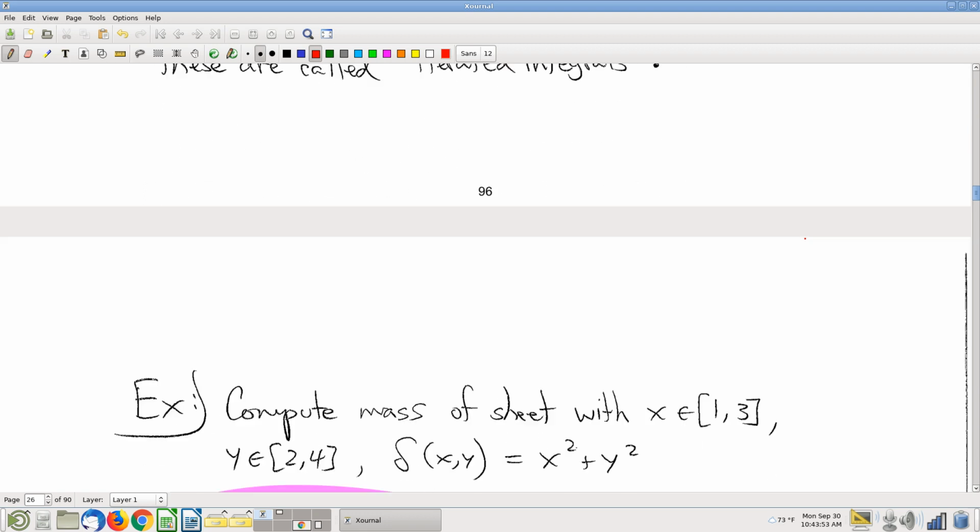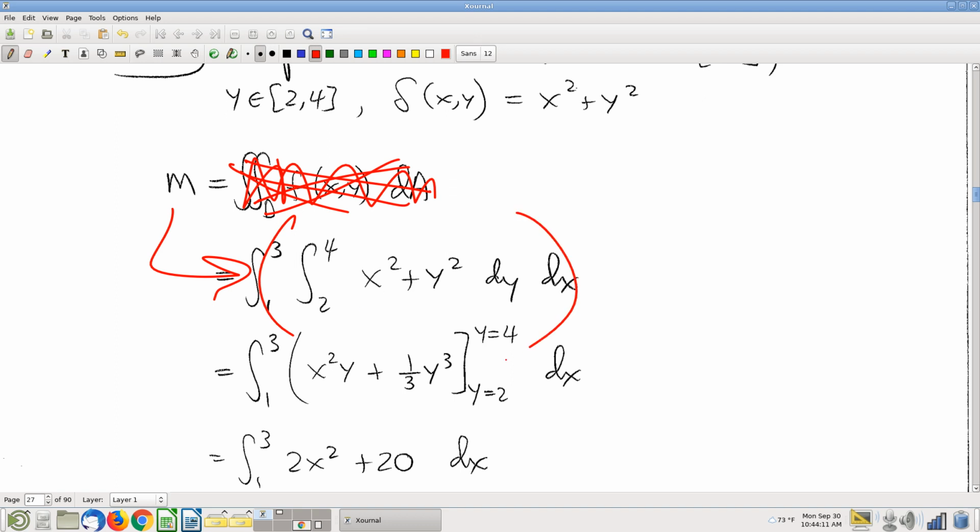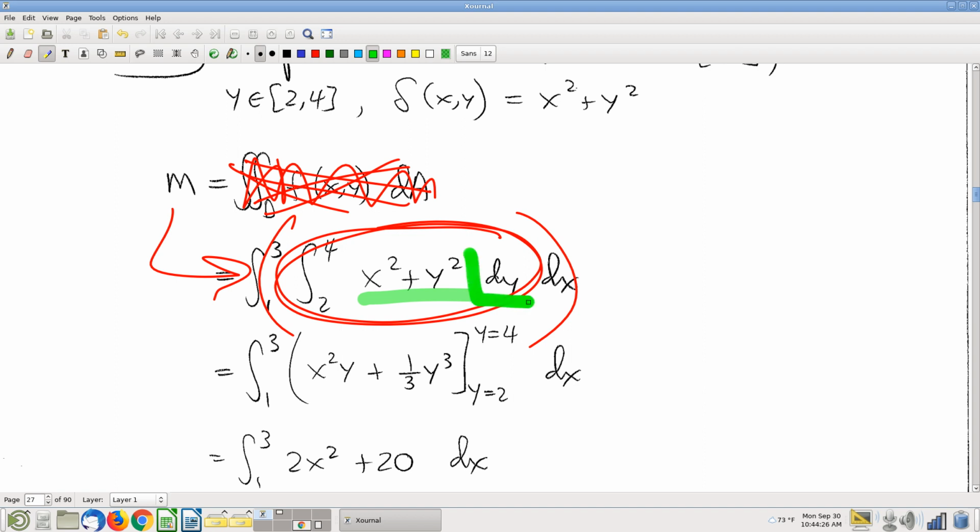What would happen if you just decided to bypass that? Let's just immediately write down mass equals iterated integral. And your argument is, okay, well look, x is going from 1 to 3, and for each value of x, I'm going to want to compute this integral, at which point I say pause. What is that? You look into the details and realize that we're taking mass per unit area and multiplying it times length, and I don't know what that is.